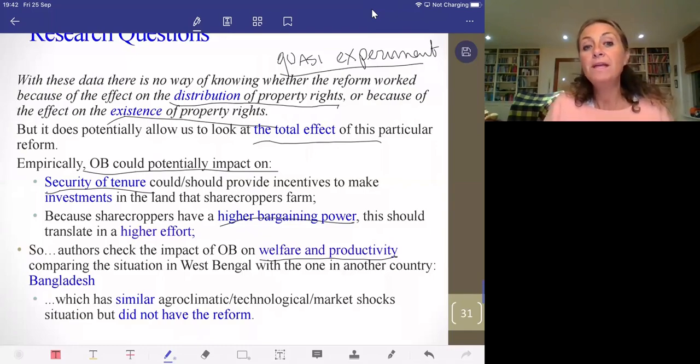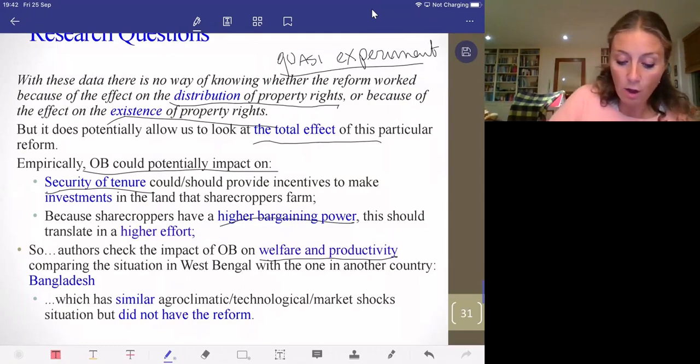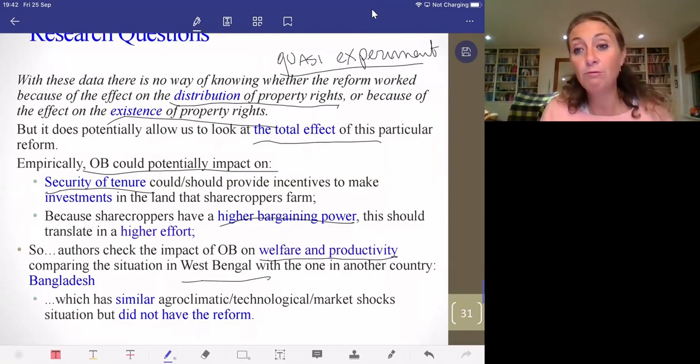Because West Bengal was overall affected by the reform, they have to find another area, which was as similar as possible to West Bengal, but didn't get the reform.